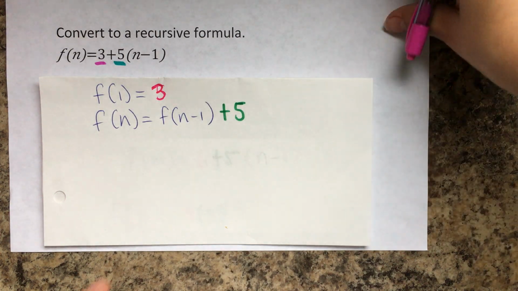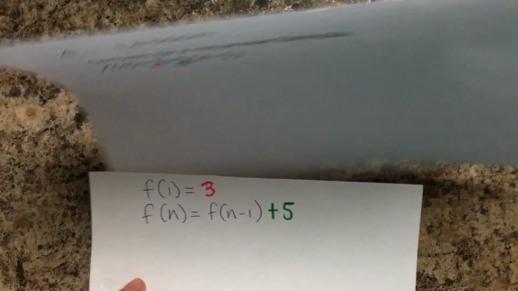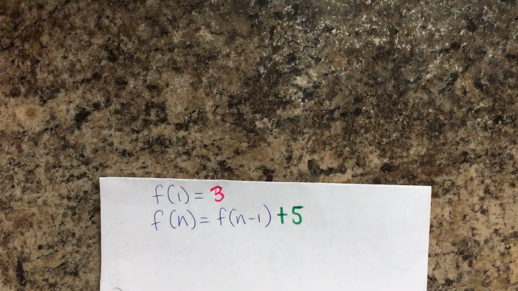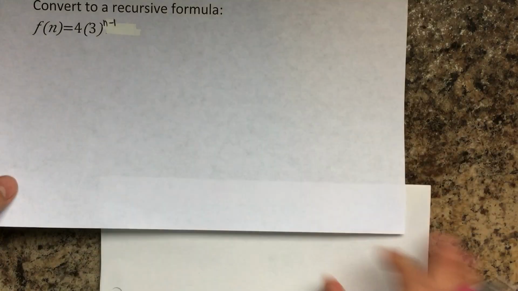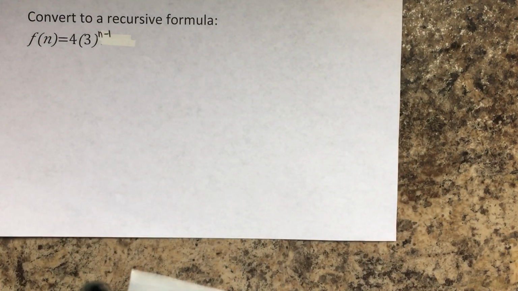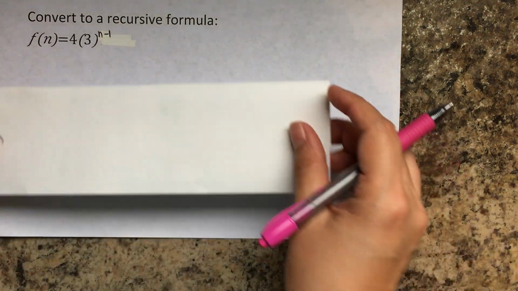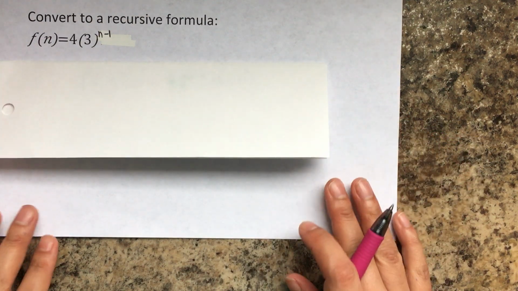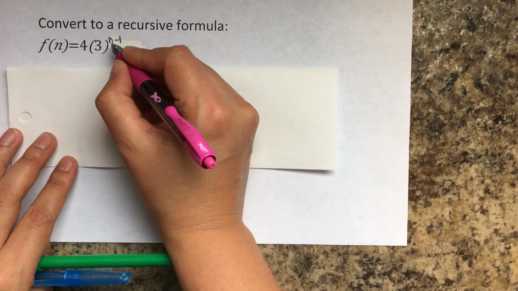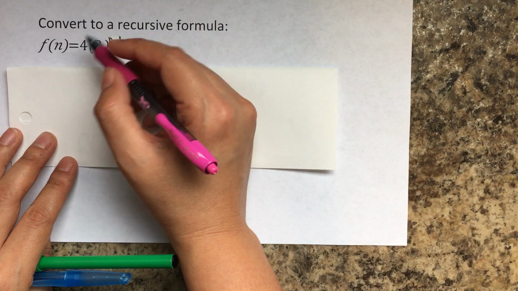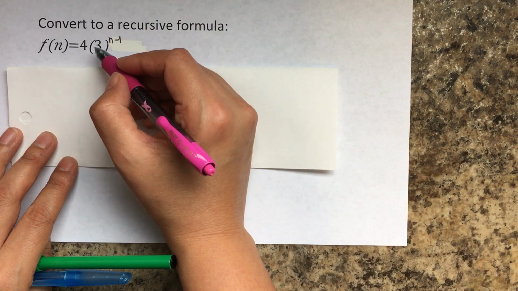Okay, let me give you another one. Now I have convert to recursive. And you have f of n equals 4 times 3 to the n minus 1. Because I have n minus 1, that means that I have my initial point and my pattern.